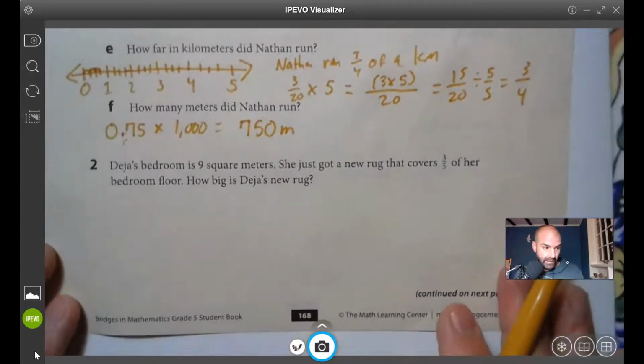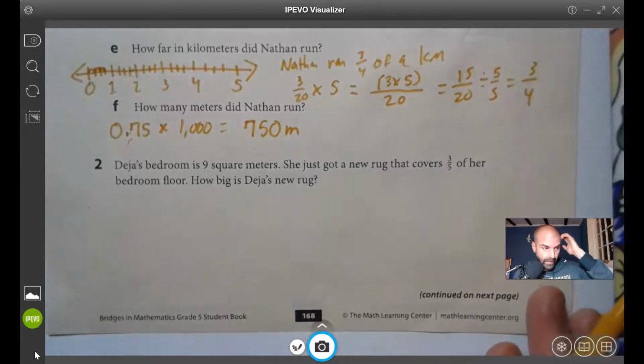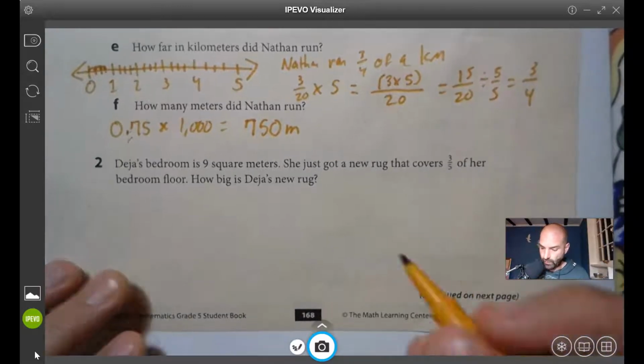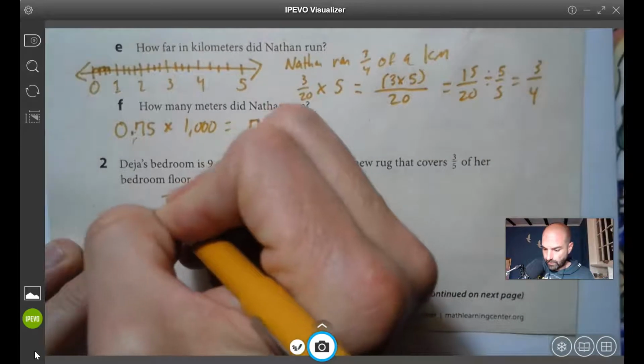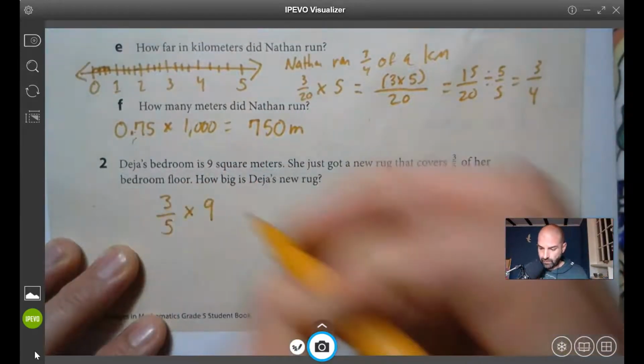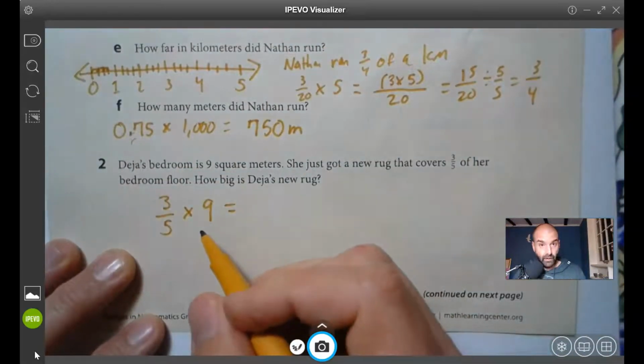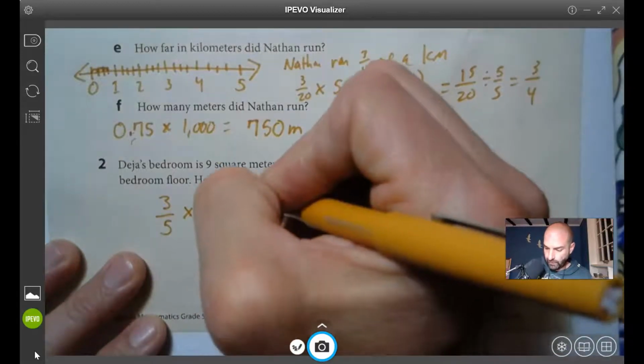Deja's bedroom is 9 square meters. She just got a new rug that covers 3/5 of her bedroom floor. How big is Deja's new rug? Well, if her room is 9, we have 3/5 of 9 meters. I mean, if this was 10, that'd be cool. I could do the over, couldn't I?